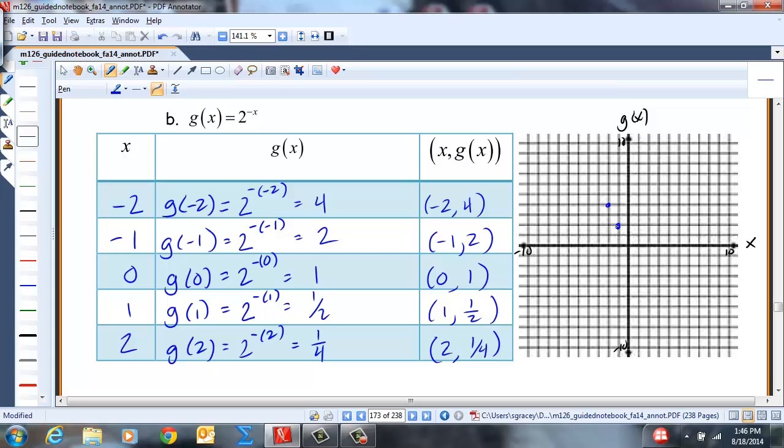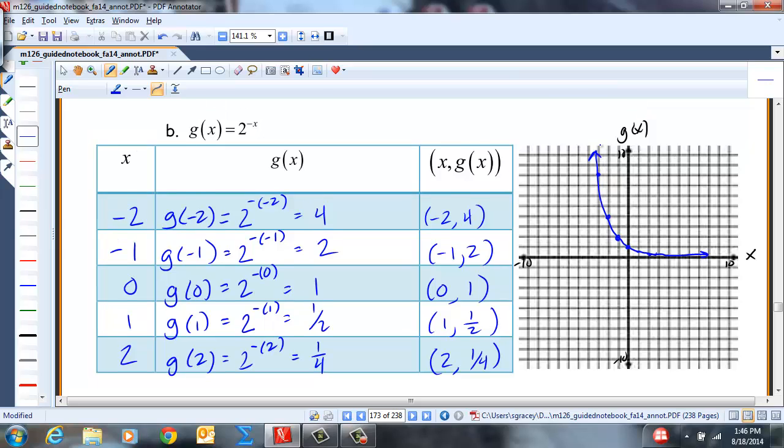At 0, we're at 1. At 1, we're at a half. At 2, we're at a quarter. And then if we had done negative 3, we would be up here at 8. So as you see, it's a reflection across the y-axis from that original graph.